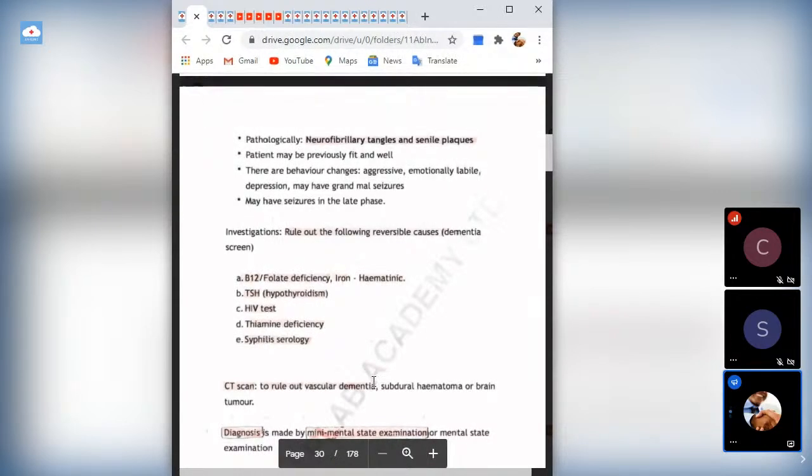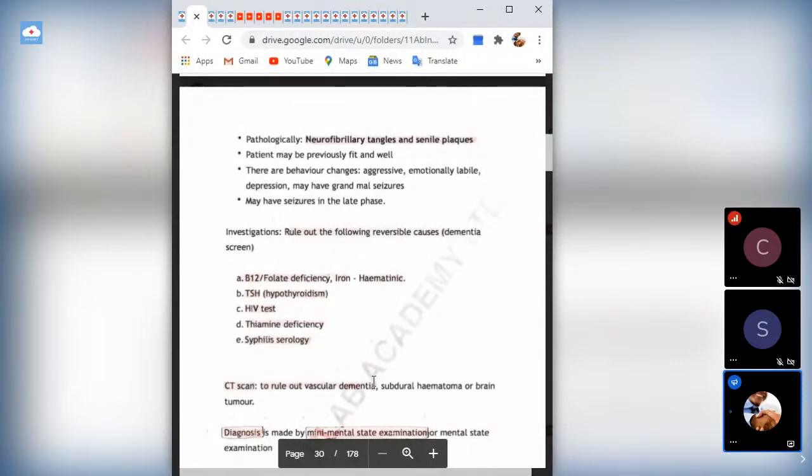All right, so investigations, you want to do B12, folate and iron, all right, to rule out those causes: iron deficiency, folate deficiency, vitamin B12 deficiency. Then you want to do TSH to rule out hypothyroidism, and HIV tests, because HIV can also be a factor in dementia, all right.